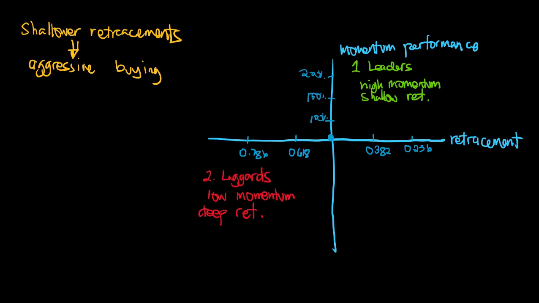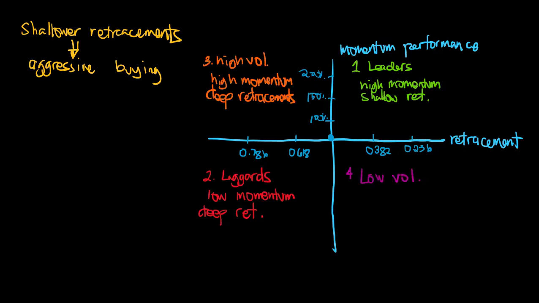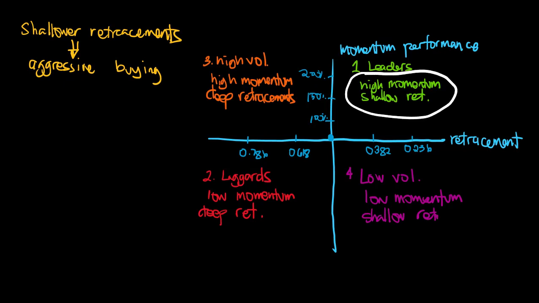There are also high volatility issues which exhibit high momentum as well as deep retracements. And there are also low volatility issues, those that exhibit low momentum but shallow retracement. Moving forward, we want to focus on issues with high momentum with shallow retracement.